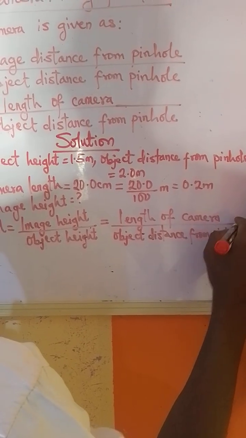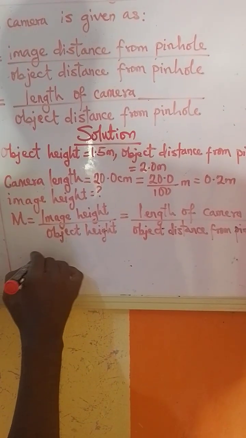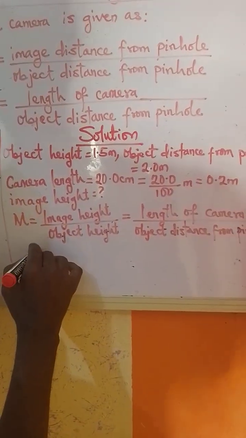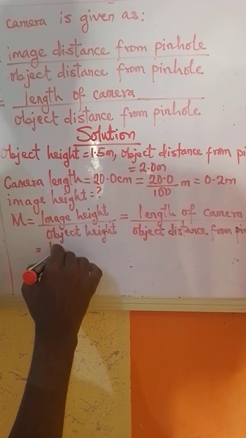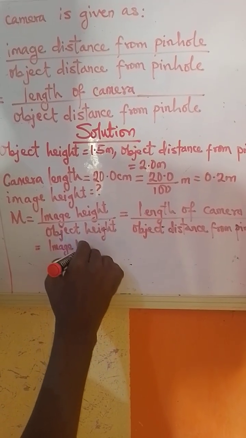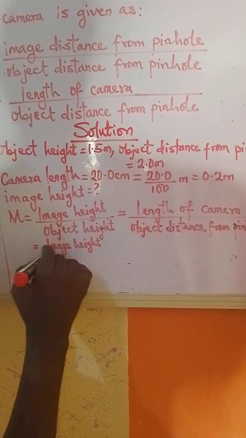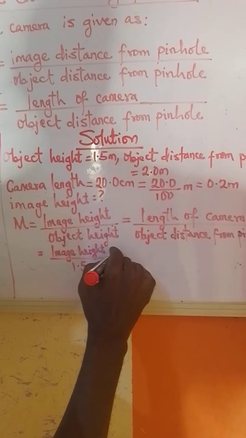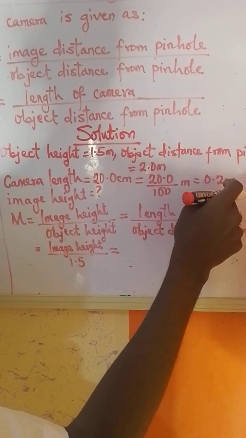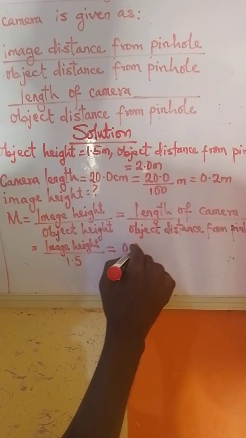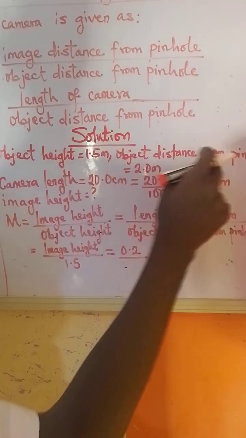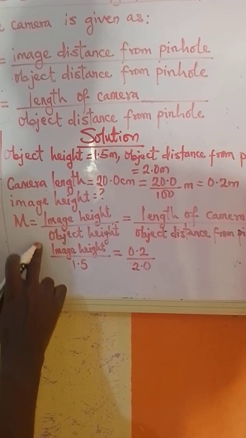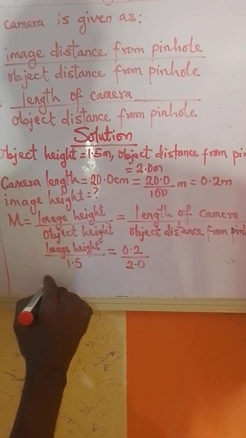So let's slot in our parameters. Our image height is what we are looking for. The object height we have is 1.5 meters, equals length of the camera, which we have converted to meters, 0.2, over object distance from pinhole, which we are given as 2.0. So let's cross multiply.